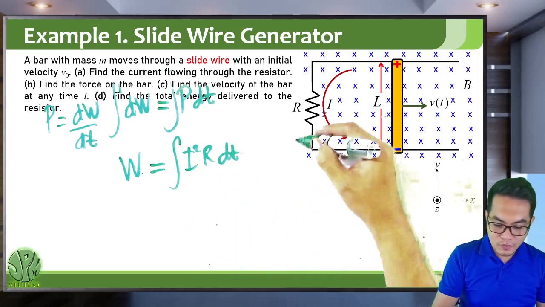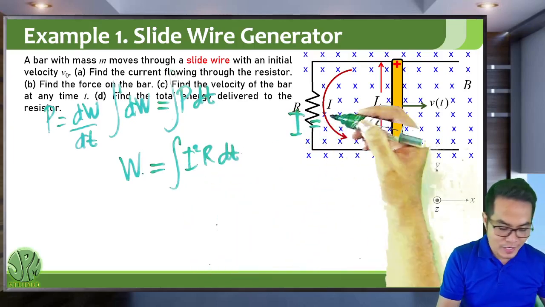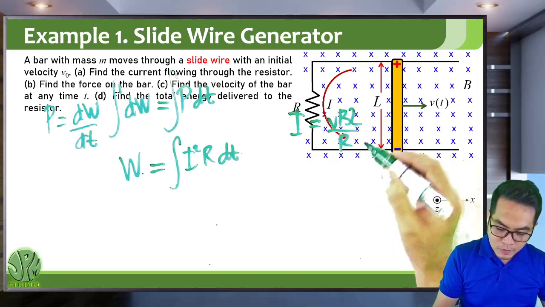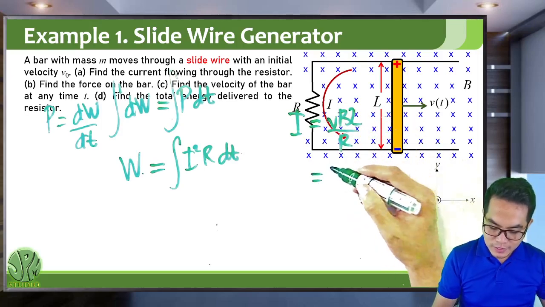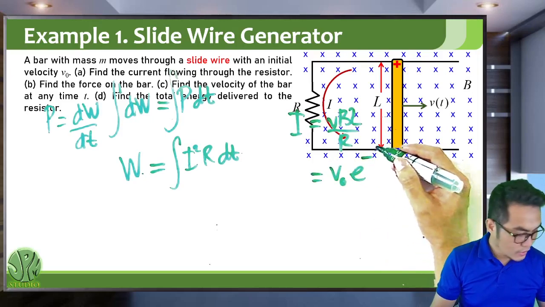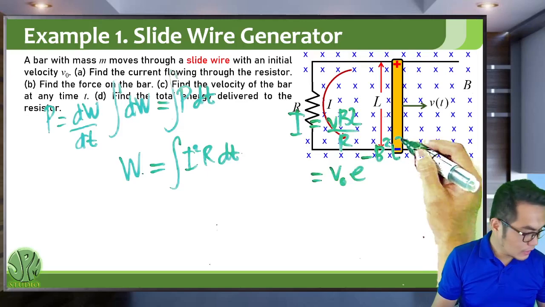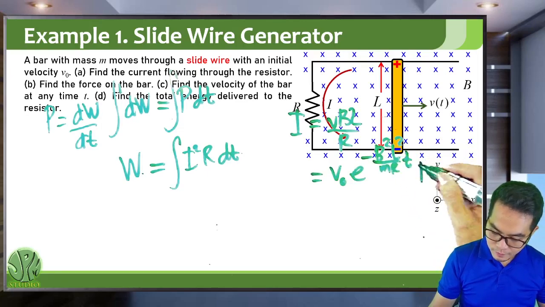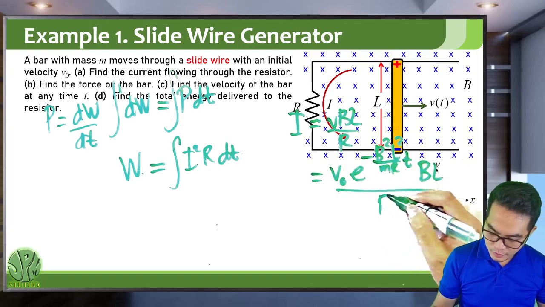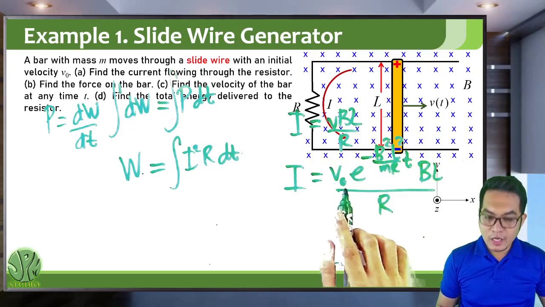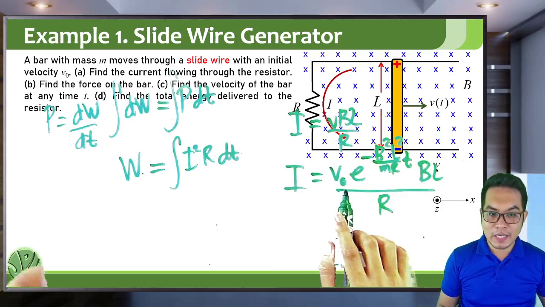We already know that I is equal to vBL over R. But we also know the velocity: it is just v naught e to the negative B squared L squared over mR t. So you have B times L over R, and this is now our current in terms of time, the time dependent current.